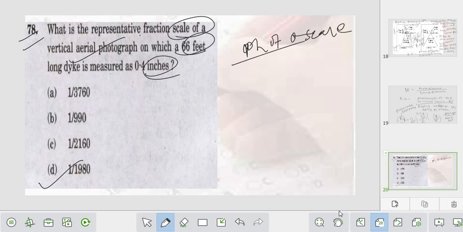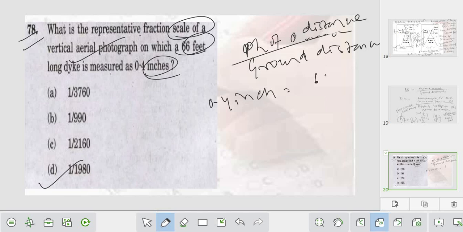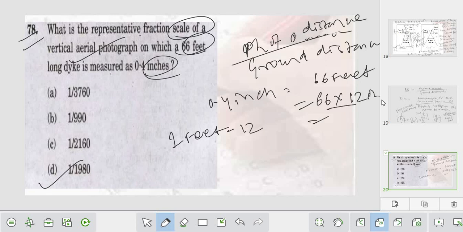Photo distance by ground distance, not photo scale, it is photo distance, है ना। So 0.4 inch is equivalent to 66 feet. अभी बताया था RF के लिए आपको सेम यूनिट लाना पड़ेगा. 1 feet equal to 12 inch, 66 feet equal to 66 into 12 inch, so 792 inch.